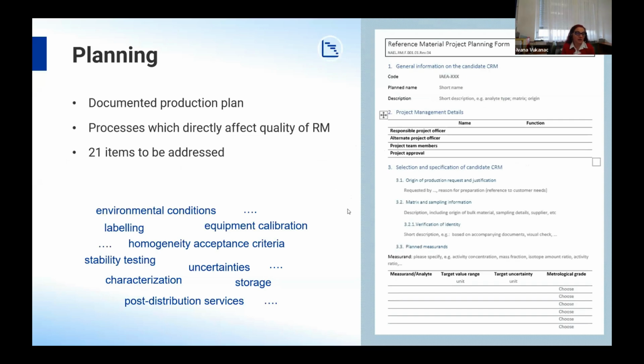It needs to cover all processes which directly affect the quality of the reference material, like environmental conditions, characterization campaign, stability testing, everything. In total, 21 items need to be addressed in this recording.